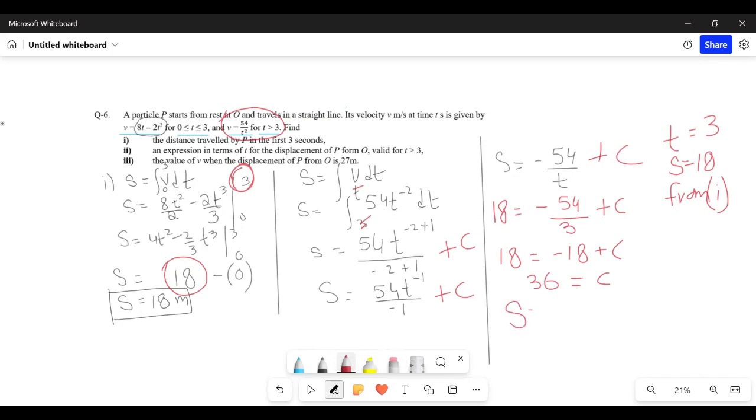So now the equation becomes S is equal to minus 54 upon T plus 36. That's the correct answer. So that means when we don't know the lower and upper limit both for T, we're going to use the plus C method.